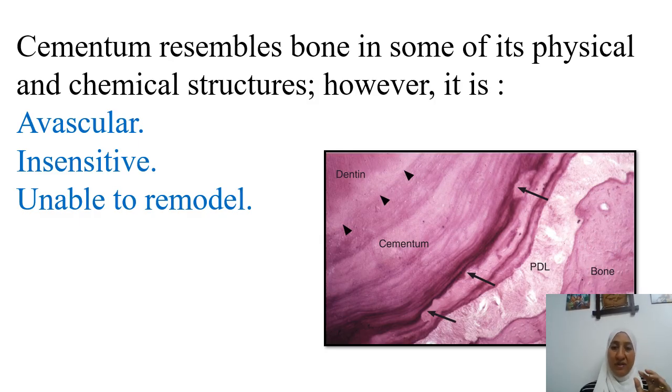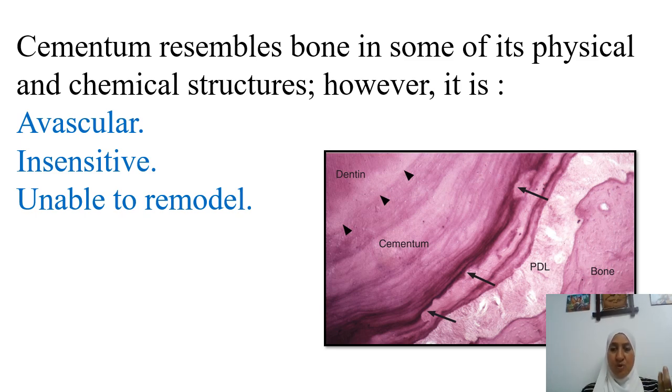Thus, if cementum suffers from resorption, it's very difficult to remodel or to regain the amount of resorbed cementum. The ability of remodeling exists only in bone due to the presence of high vasculature. We have a huge amount of blood supply that brings new cells, formative cells, and resorptive cells, and permits remodeling.